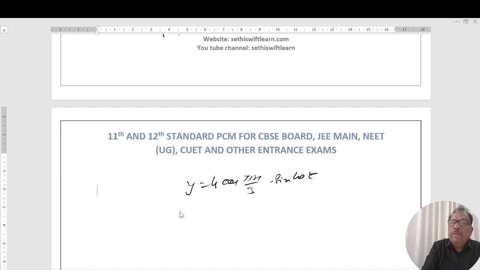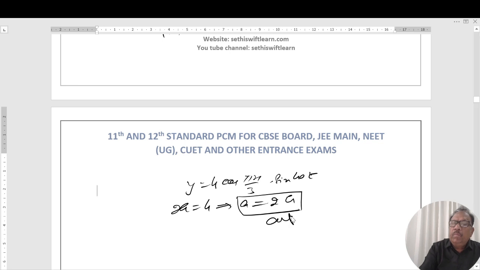In this case, 2A is equal to 4, so A equals 2 centimeter. This is the amplitude of each wave, right?